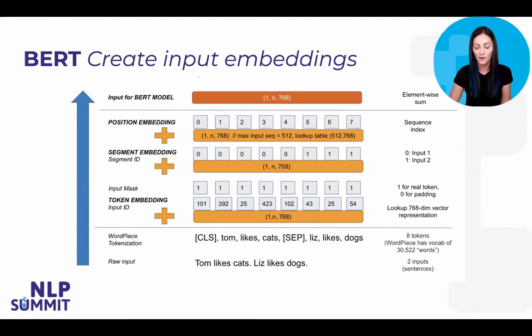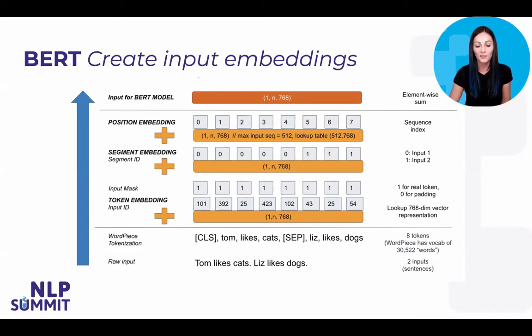And those are 768-dimensional vector representations for that specific word or token. So here we're passing in and we're seeing the input ID from that lookup table. We're also having an input mask, just in case we're passing in shorter sequences and the algorithm needs to pad.